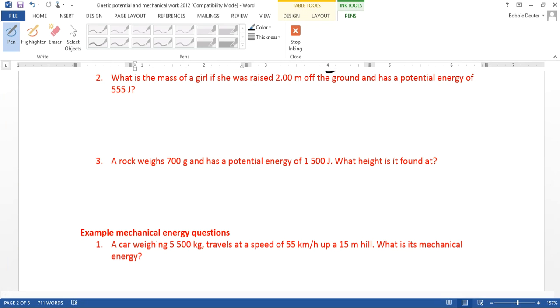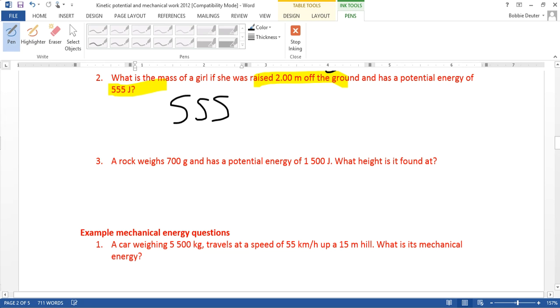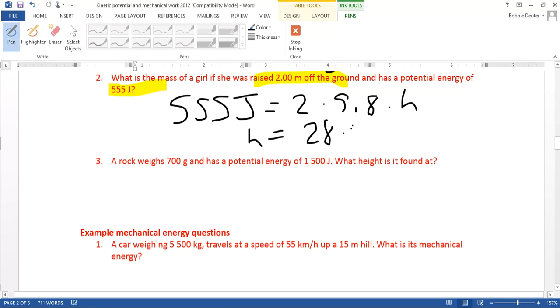So you have obviously gone through and finished those. That's why you're going through this right now. So we have 555 joules is equal to 2 times 9.8 times our height. Oh, sorry, that would be our mass: 8.3 kilograms. Our next one, you have 700 grams and 1500 joules.